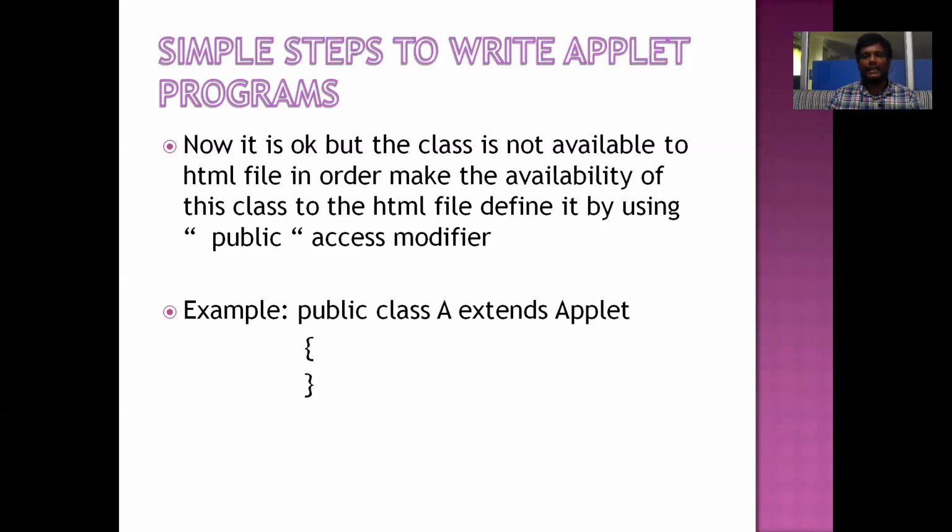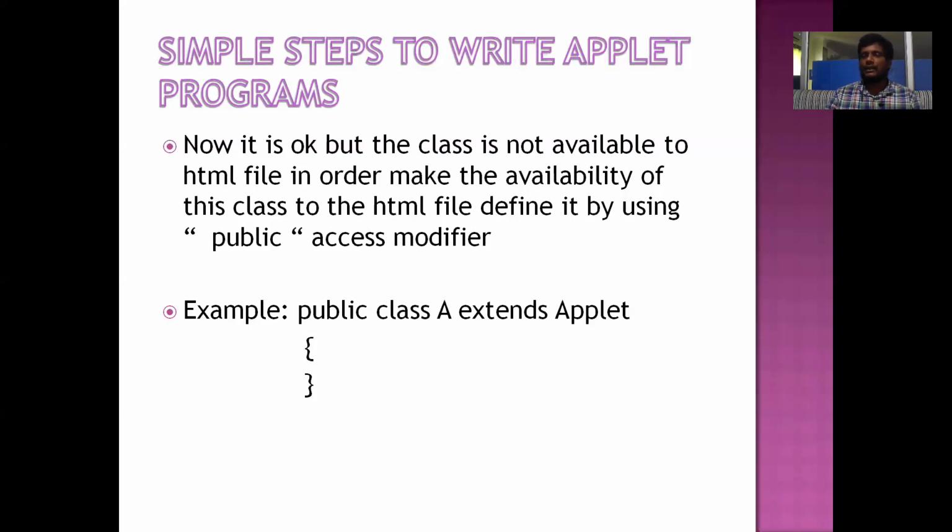The complete meaning of this statement is: public is an access modifier which keeps the following class available to all the classes and things outside the package. Class is a keyword used to define a class. A is the name of the class. Extends is the keyword used for inheritance.